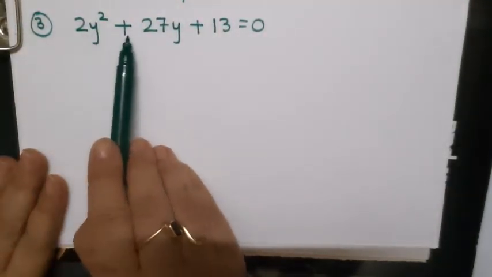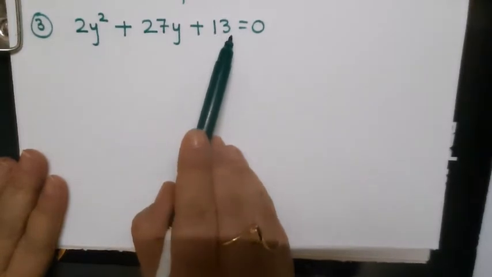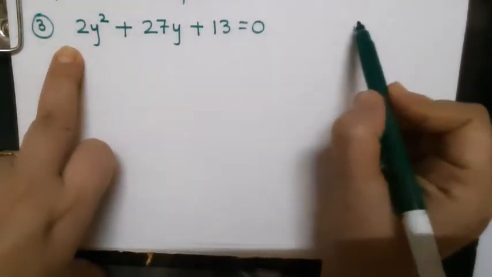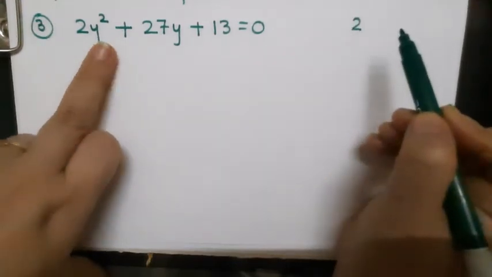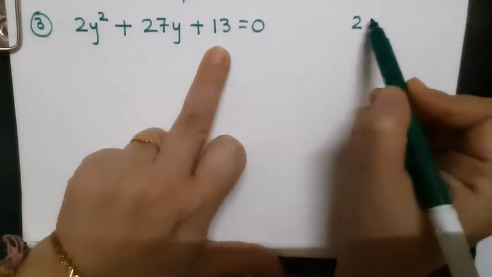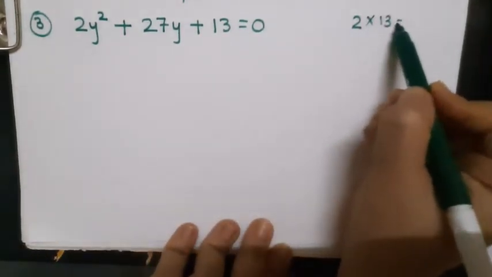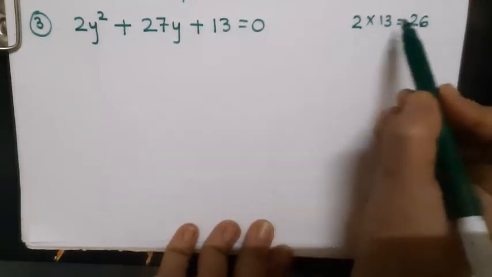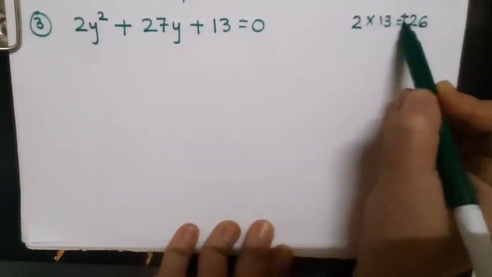The question is 2y square plus 27y plus 13 is equal to 0. Now what is a? 2. That is, the coefficient of y square is 2. And what is the constant term? 13. So 2 into 13 is 26. And which is the sign? Plus. So here it is plus 26.